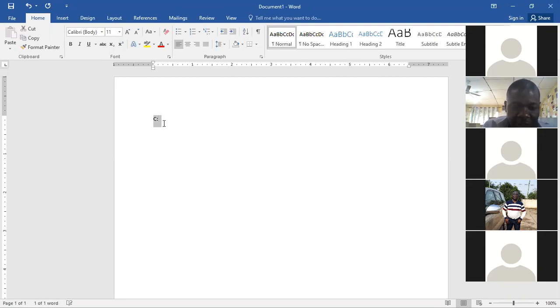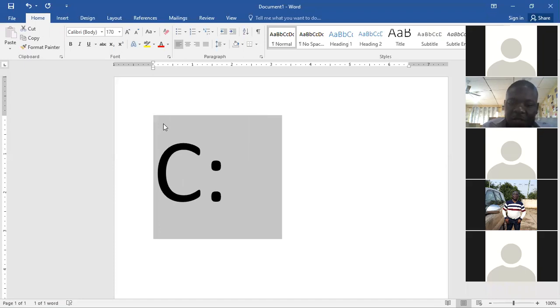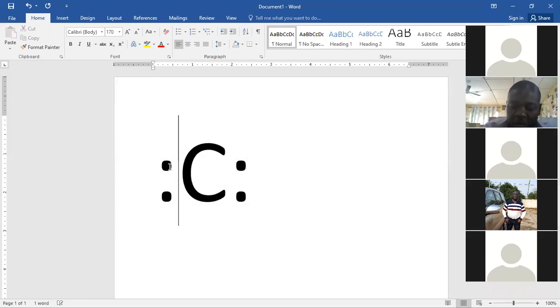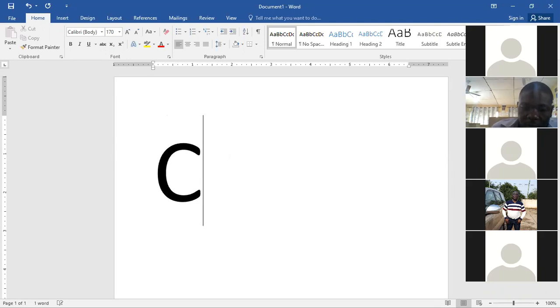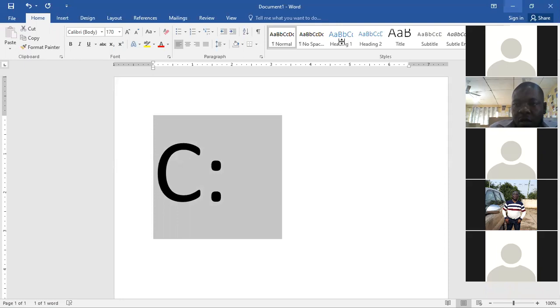This is how you write the drive letters. Have you seen it? It's not done like this. So you see, drive C is written like this. Okay, so drive C.